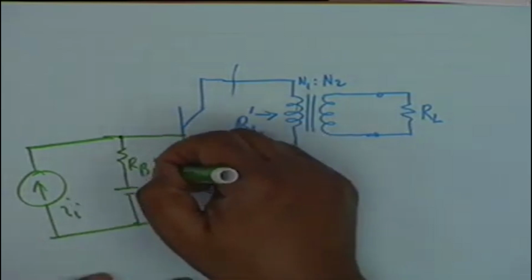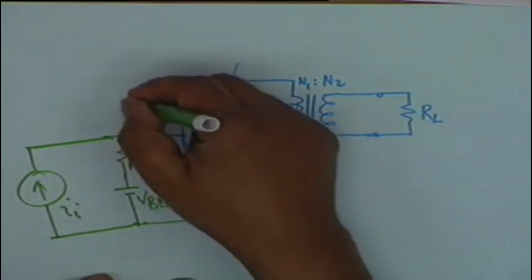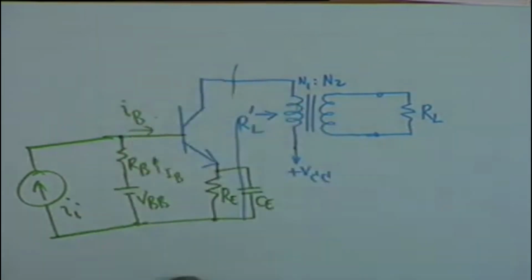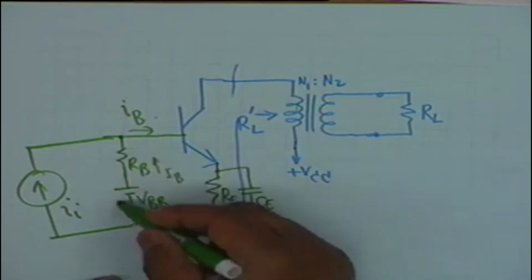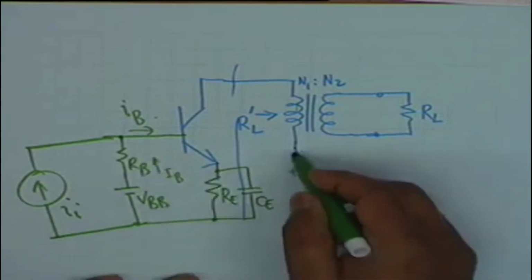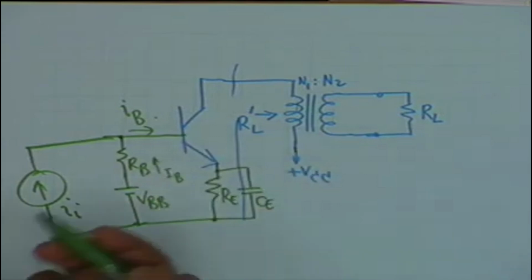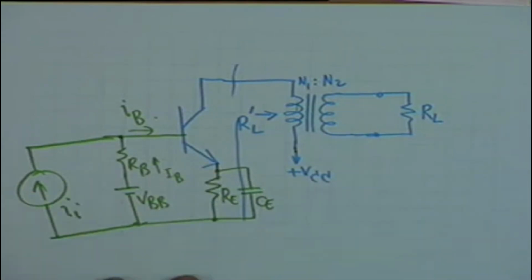This current is I sub B, the DC current, and this is the total current, I sub capital B. This is the total circuit. Well, not quite, because I have shown here the equivalent Thevenin circuit. I should have drawn R1 from here to the base and R2 to ground. Instead of that, I have shown the Thevenin equivalent circuit.